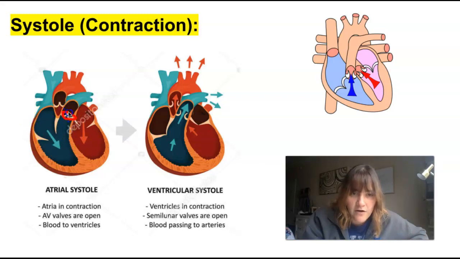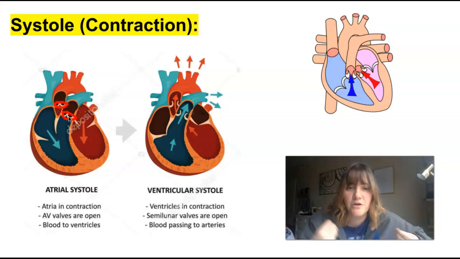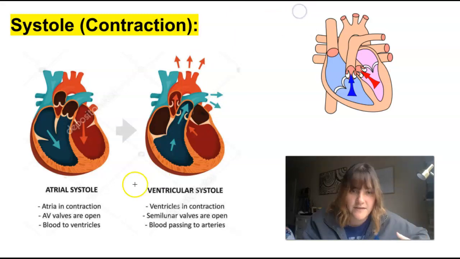But this valve and this valve, which are the semilunar valves or the aortic valve, are closed because we're trying to build up that pressure in the ventricles. And then once the ventricles start to have a higher amount of pressure, this AV valve is going to close so that this blood can't go backward. We don't want it to go backward, so the valve has to close in that case.